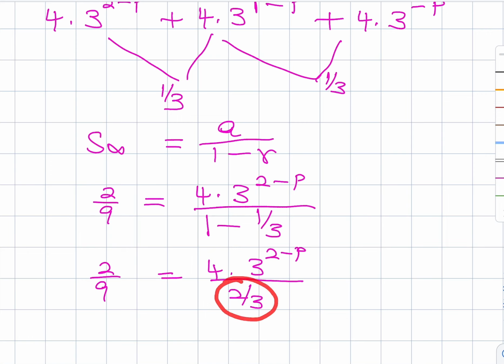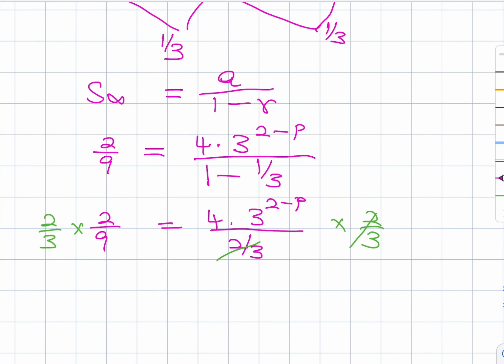Then to remove this 2 over 3, I'll just multiply by 3 over 2 both sides. Then that will cancel. So your right hand side will be 4 times 3 to the power 2 minus p. And your left hand side, you multiply 2 and 3 to get 6, and 9 and 2 we get 18.